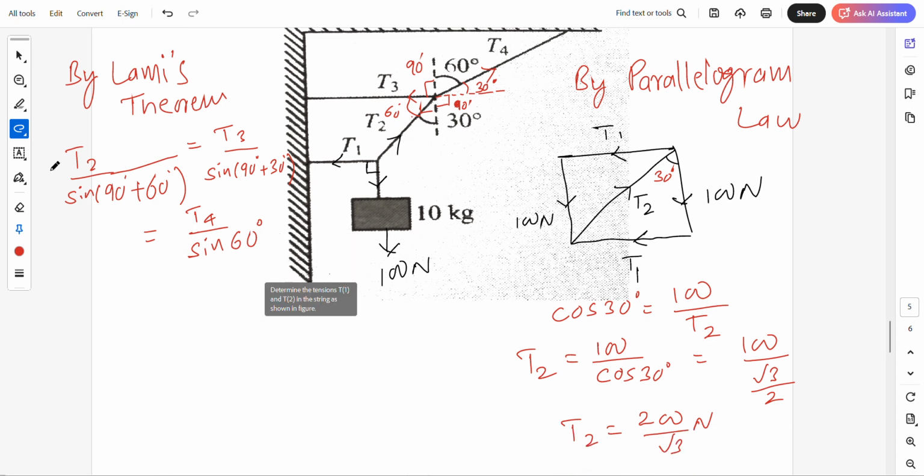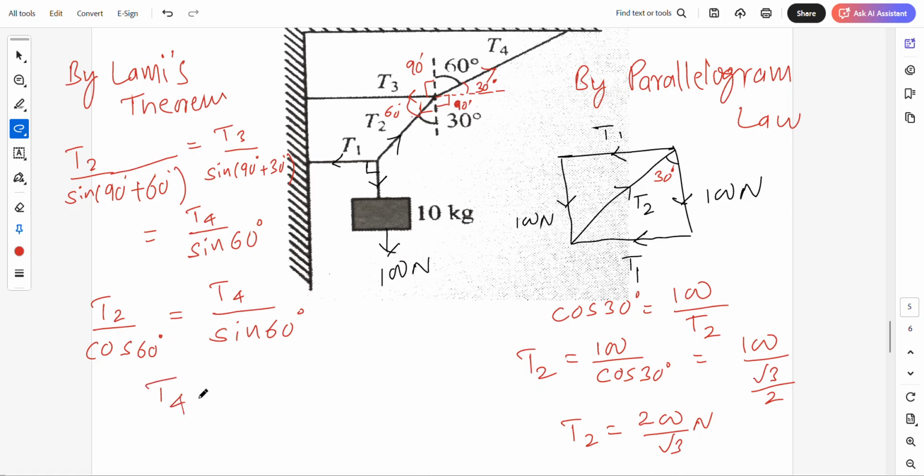Now we'll equate the first term and the last term. Because we know T2 divided by sine of 90 plus 60, that is cos of 60 degree, is equal to T4 by sine of 60 degree. Therefore T4 is equal to sine of 60 into T2 by cos of 60 degree.